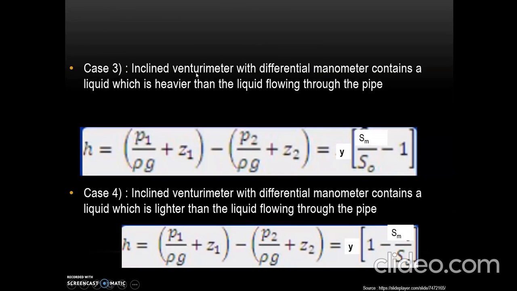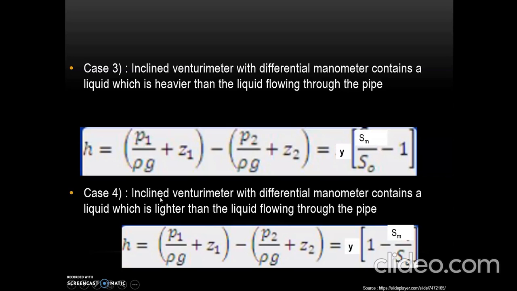Case 3 is an inclined venturimeter with a differential manometer, which contains a liquid heavier than the liquid flowing through the pipe. H will be equal to P1 by rho g plus Z1 minus P2 by rho g plus Z2, which will be equal to Y into SM divided by SO minus 1.